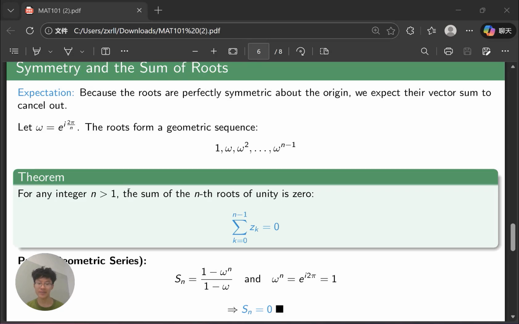Here is the key. Since omega is an nth root of unity, by definition, omega to the power of n equals 1. Therefore, the numerator becomes 1 minus 1, which is 0. Thus, for any n greater than 1, the sum of the roots is exactly 0.